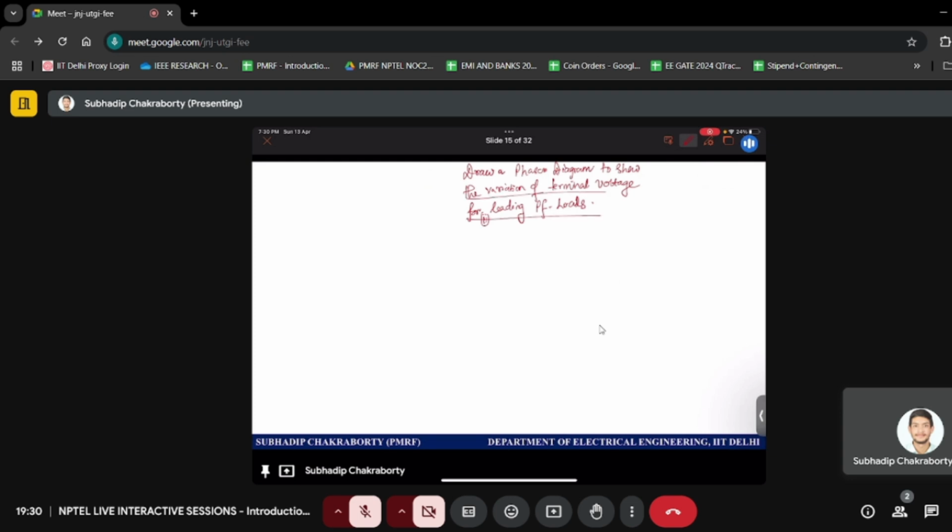Because loads are connected, I assume that I excite from the primary side and I take out the loads or power the load from the secondary. That is based on the nomenclature, right? So try to draw the phasor diagram and derive a formula for voltage regulation, because from the phasor diagram only we'll derive the voltage regulation formula, right? I'll give you some time, you try and then we'll see, okay?